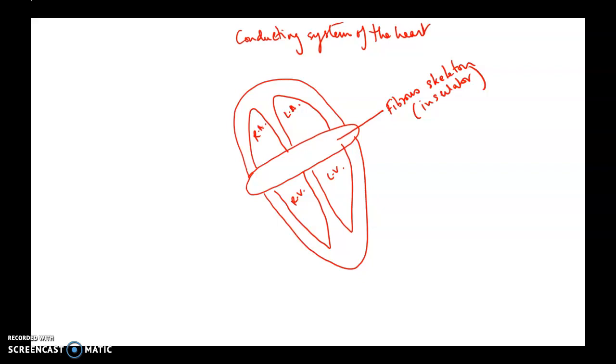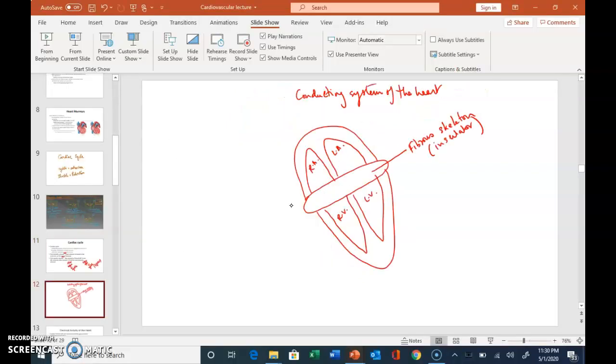All right. Now, there are a few things that you must remember, and let me do it this way so I can use different colors. Okay, so there are two to start with. There are 2 types of cells that we will talk about. First, we have the myocardial cells.